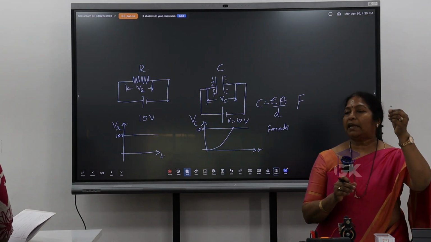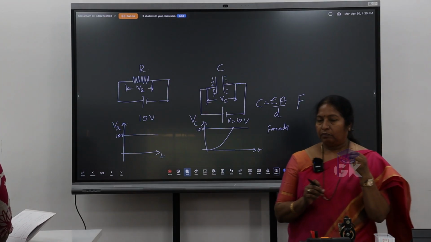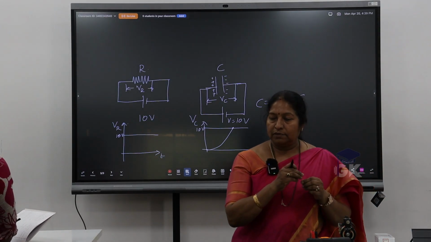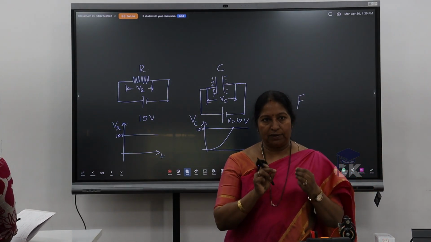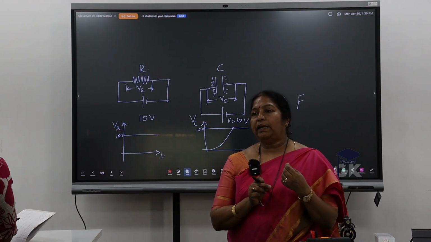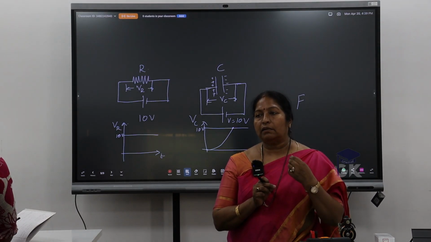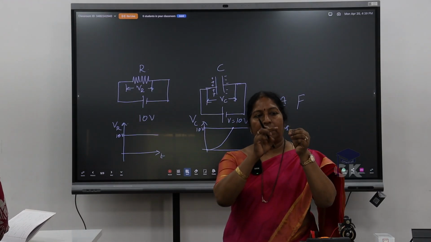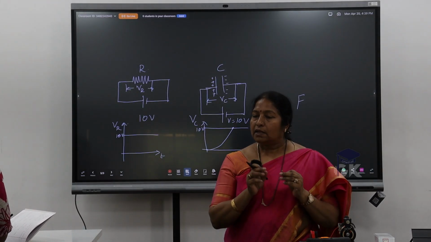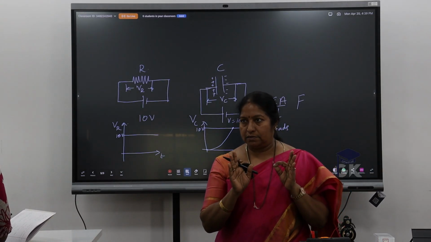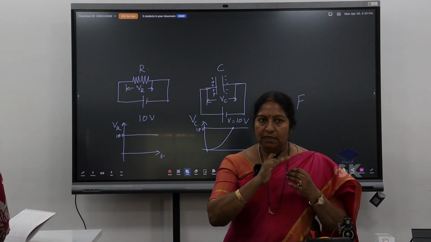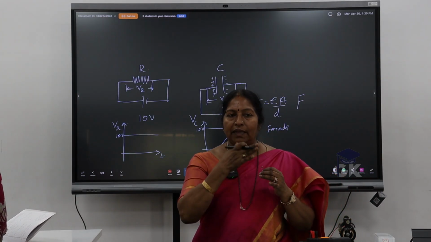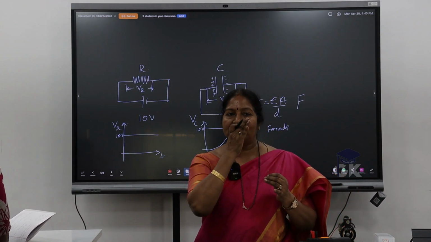This ceramic capacitor you can observe, you can open it afterwards. Scratch it off and see. There will be a ceramic disc in the center that acts as a dielectric. On either side of that, they coat a conducting material of the same thickness.